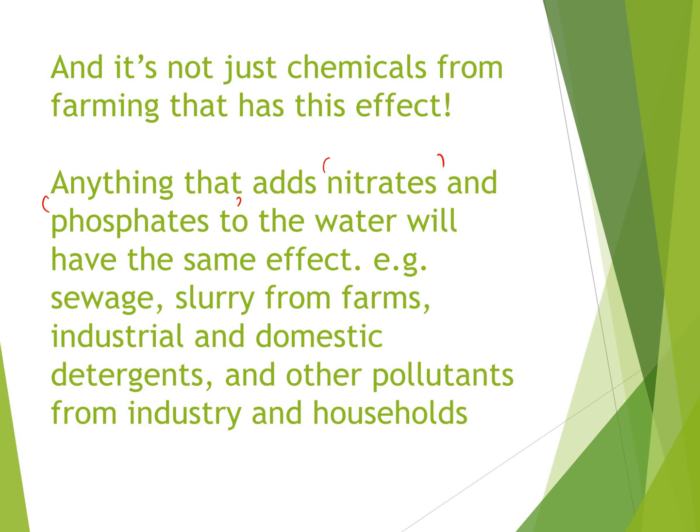If excess slurry washes into rivers and streams, it will cause this problem. Industrial and domestic detergents, a lot of detergents contain phosphates, so washing powders and washing up liquid and industrial detergents as well. And other pollutants from industry and households will have this same effect. So the whole effect is called eutrophication. And it is this blooming of algae in waterways.